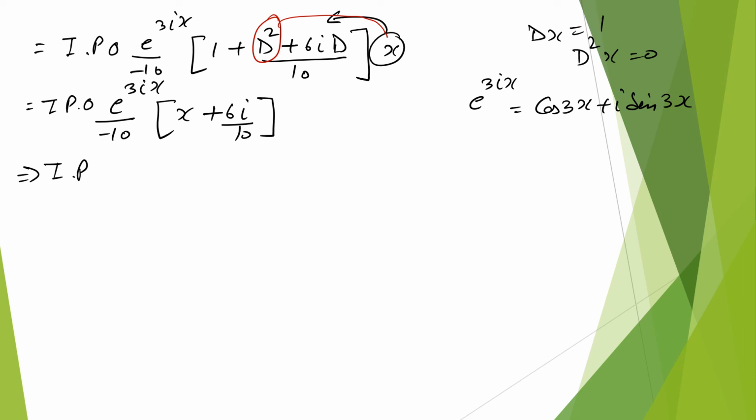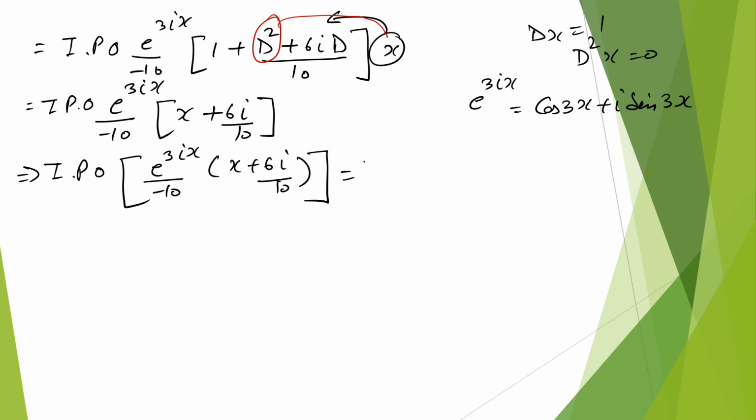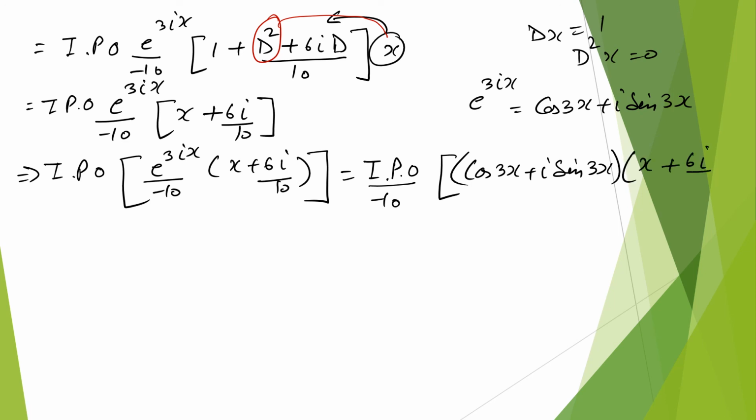So the imaginary part of e to the power 3 iota x over minus 10 into x plus 6 iota by 10 is equal to the imaginary part of 1 upon minus 10 into cos 3x plus iota sin 3x into x plus 6 iota by 10.